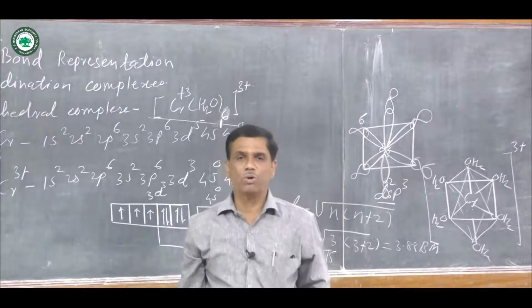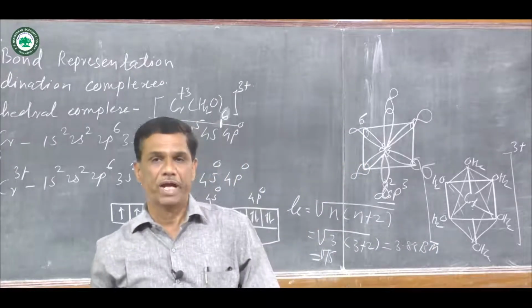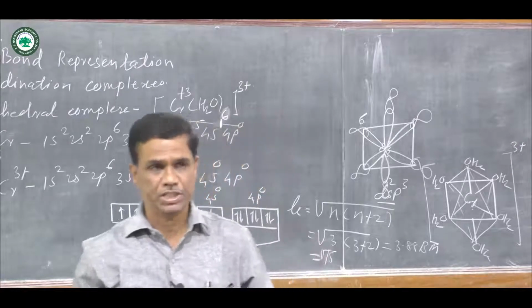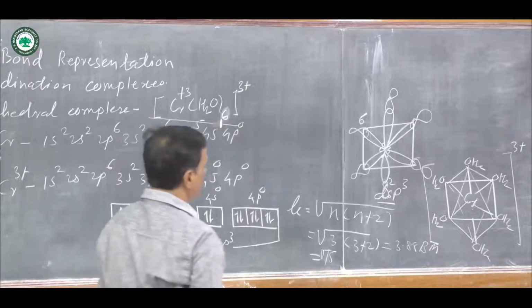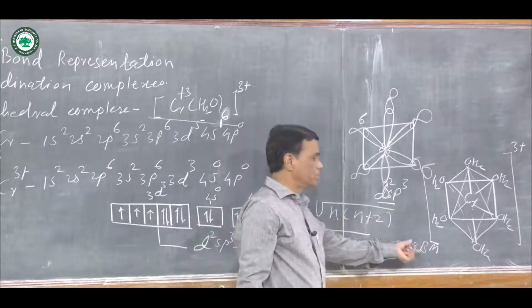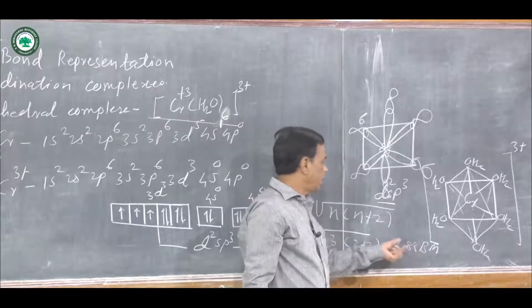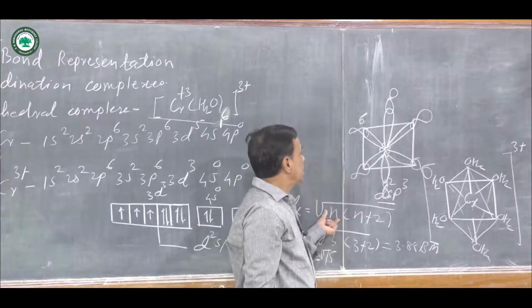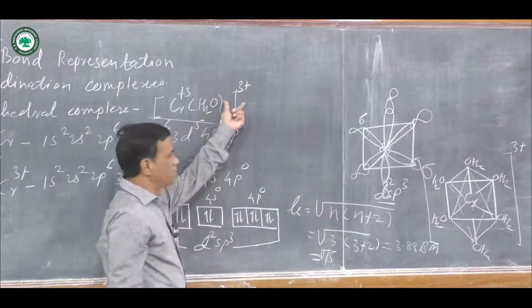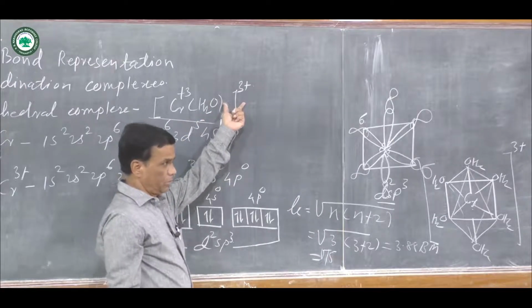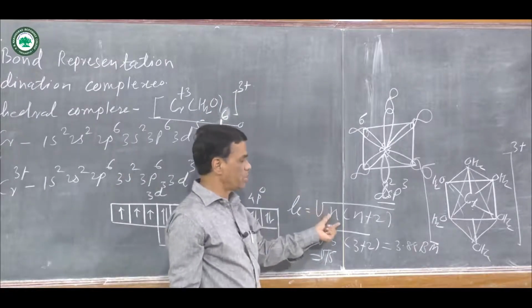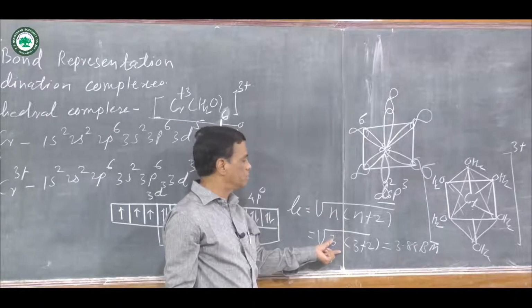Bm is a short form of unit Bohr magneton, BOHR. The unit for magnetic property is Bohr magneton. For the [Cr(H2O)6]3+ complex ion, n is equal to the number of unpaired electrons, which is 3.